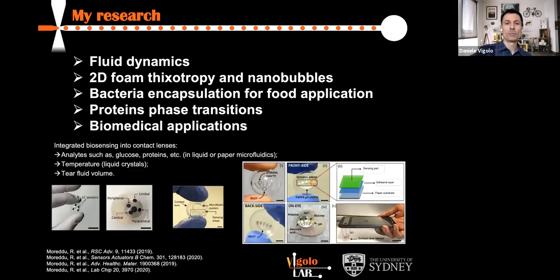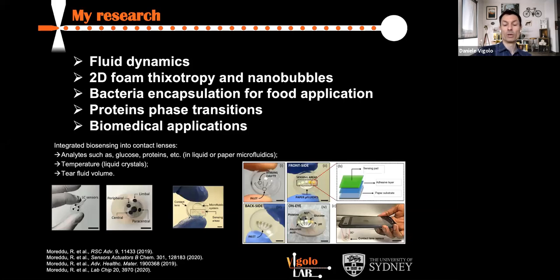Finally, and that's the main topic of today's talk, I was really fascinated by biomedical applications of microfluidics. So I will be discussing in detail a couple of main results of my group in the next few slides, but I just want to show here some other things we've been doing in very recent years.